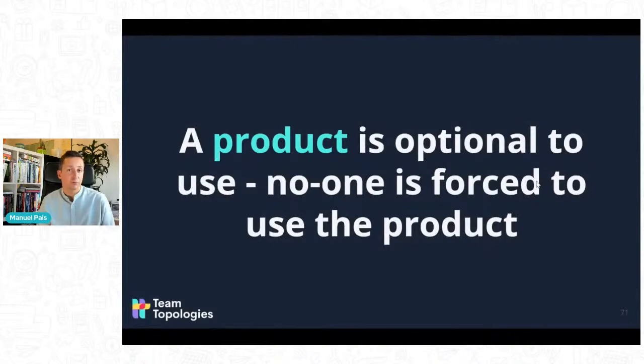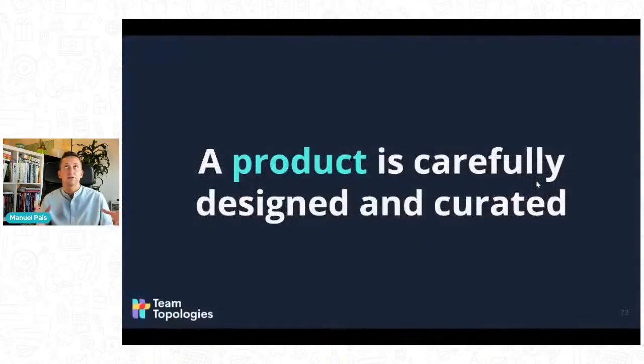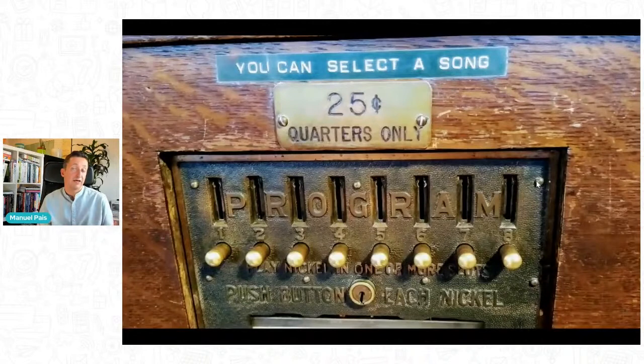So the product is optional to use. Secondly, a product is carefully designed and curated, right? That's how the product is going to provide more value to users and therefore become more engaging and more adequate to the tasks that the user needs to do. And so that is another critical idea of what is a product.